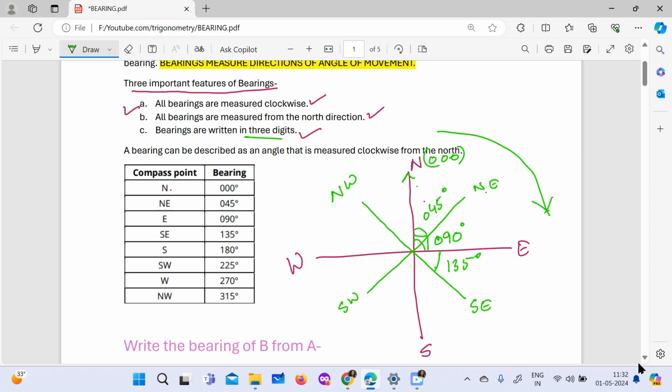And then from here to here, all this will be 180 degrees. Then you add another 45 here, so this one will be 225 degrees. As we move here, this one will become 270 degrees. And then here we have 315 degrees. And here our 360 degrees is completed.